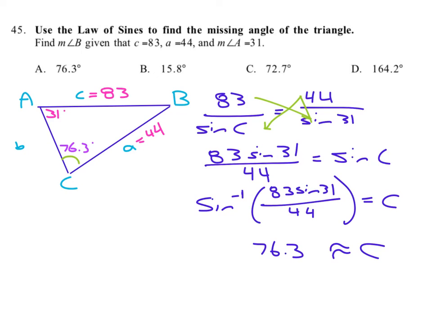So what we're going to do is add them together. We're going to say 31 plus 76.3 equals 107.3, and then we can take 180 minus 107.3.